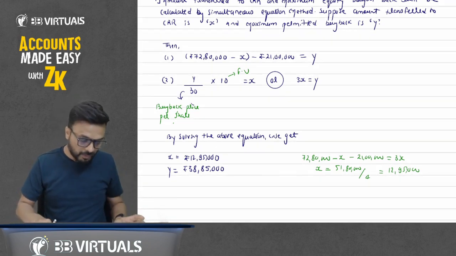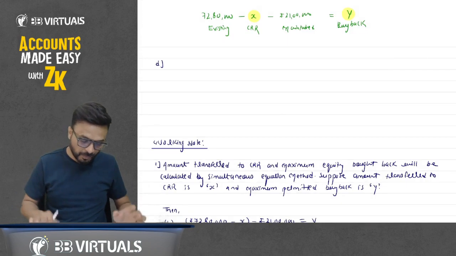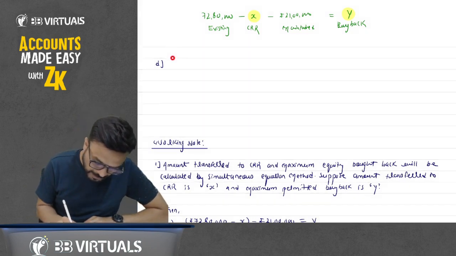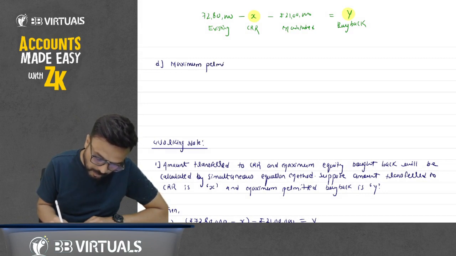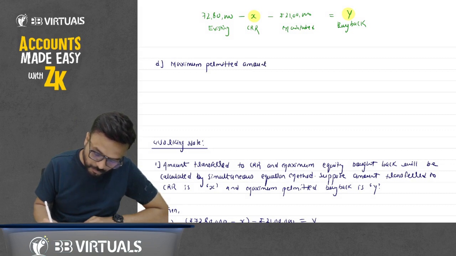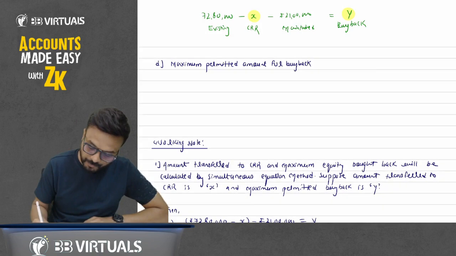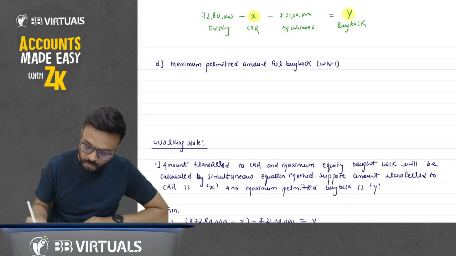Okay. Now write down here point number D, maximum permitted amount for buyback. Working note number 1.